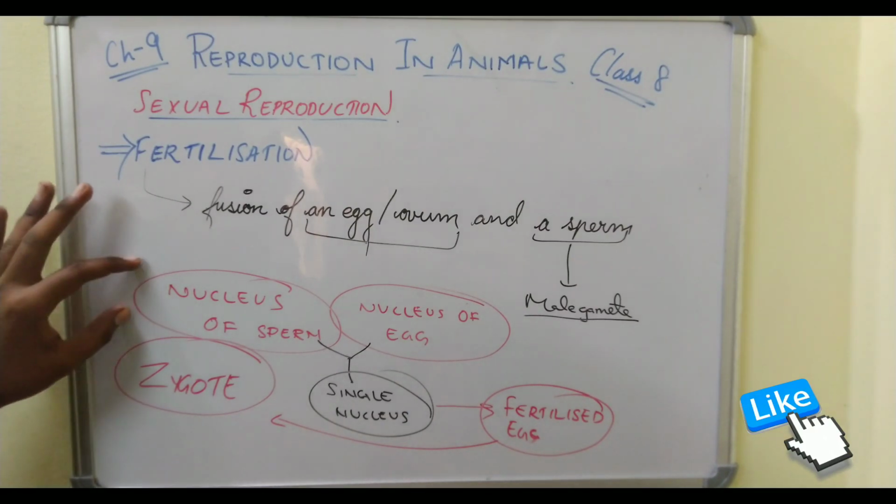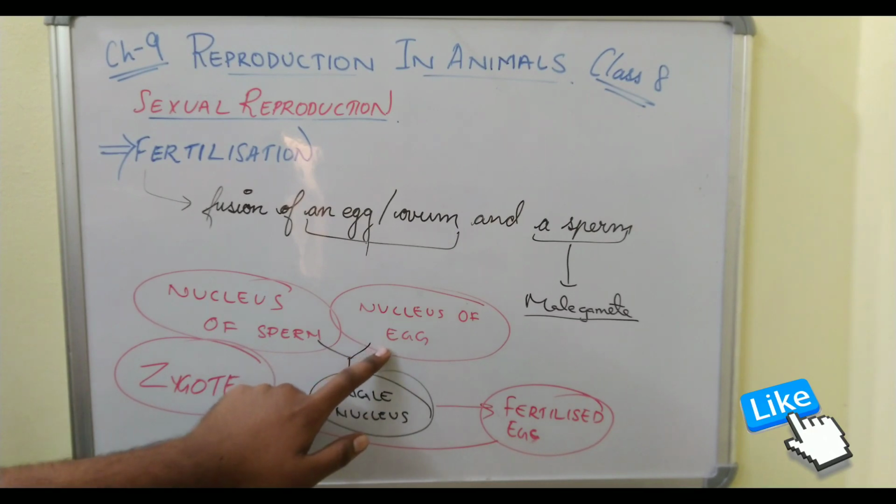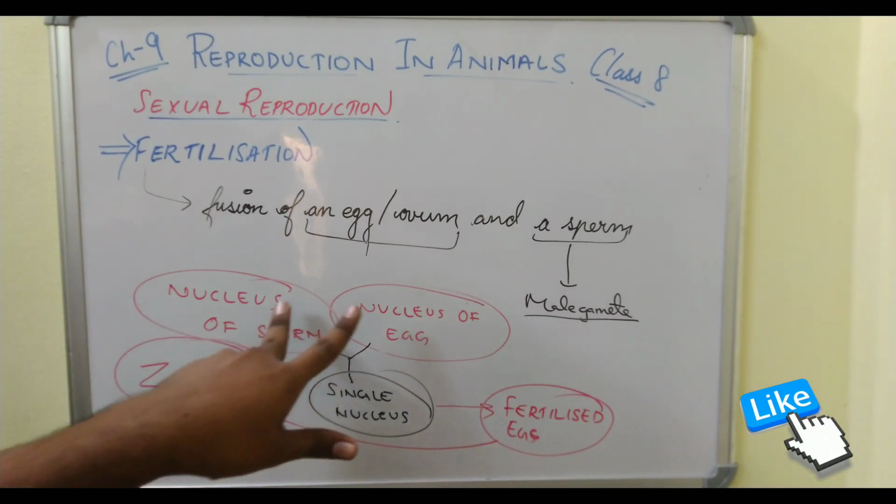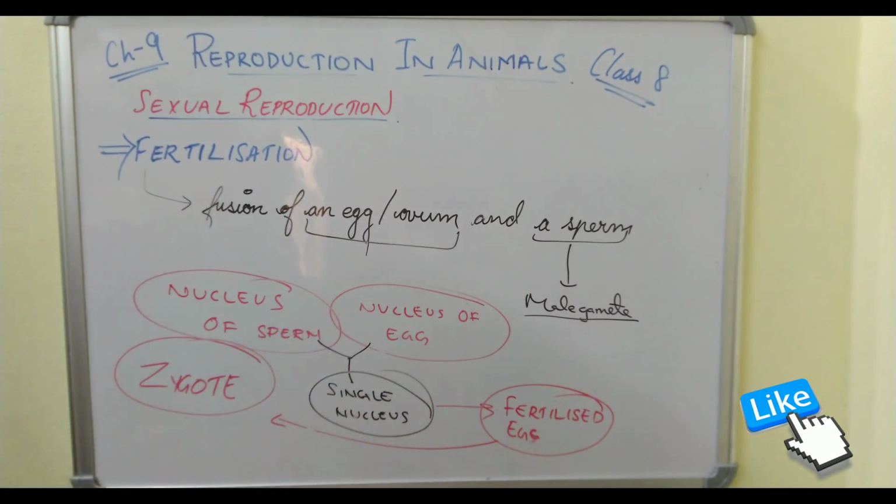During fertilization, the nucleus of the sperm and the nucleus of the egg fuse together to form a single nucleus, and this single nucleus results in the formation of a fertilized egg. This fertilized egg is called a zygote.